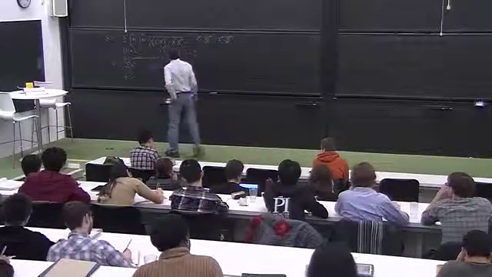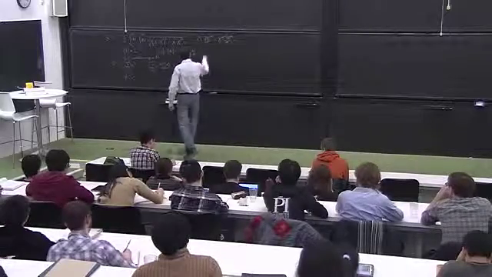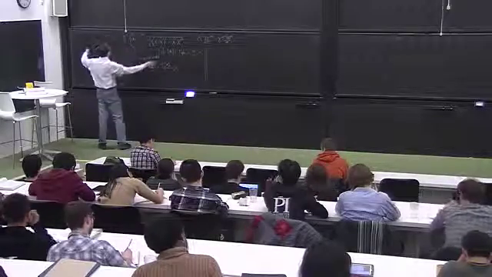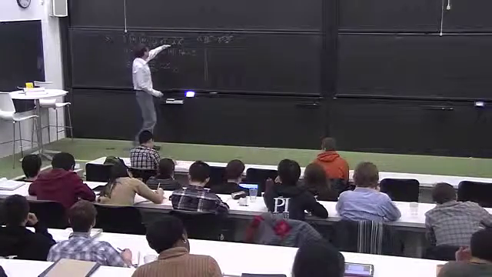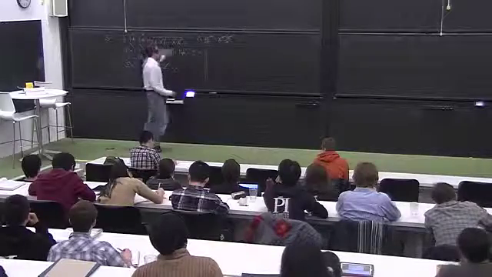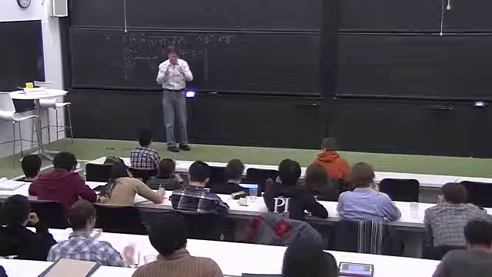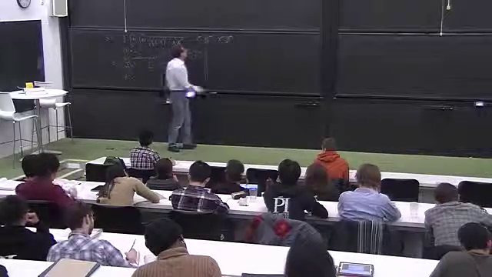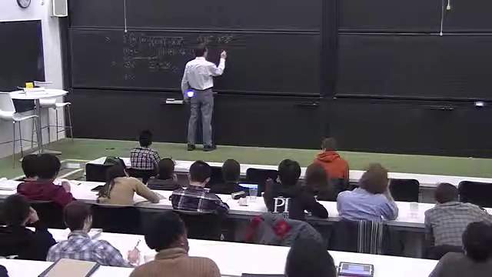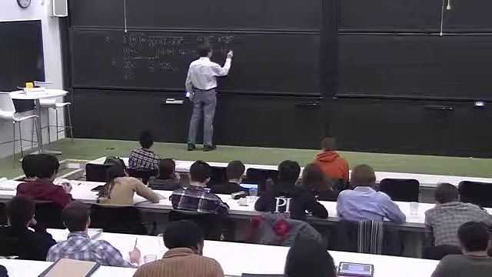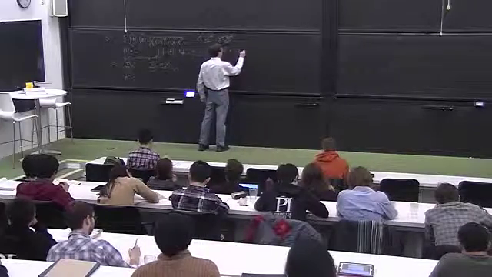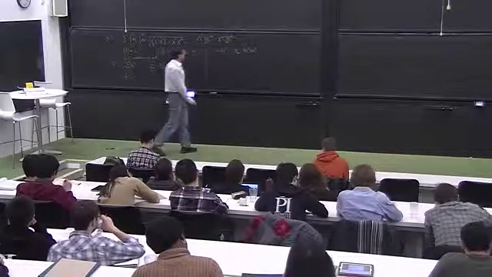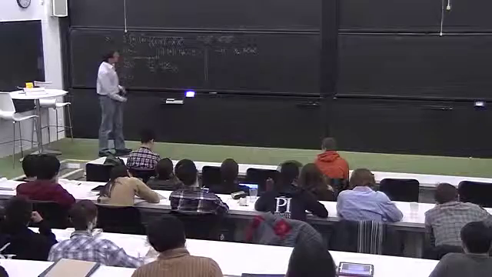The other thing that is perhaps useful to realize here is that we can write this action as an area element if we use the induced metric in space-time. In the same way that we were talking about the induced metrics in space for surfaces, the induced metric in space-time, you remember, ds squared was eta mu nu dx mu dx nu. That's our metric in the space-time where the string is propagating.